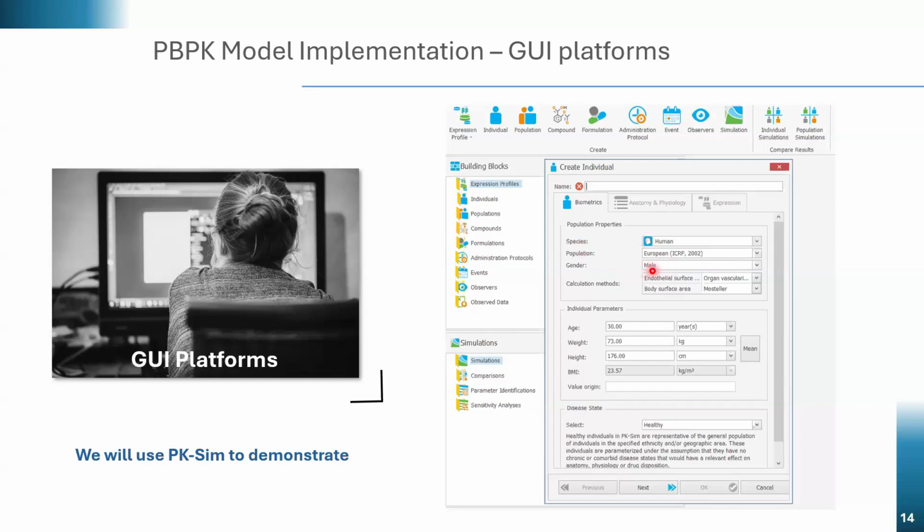If you want to look at a situation where maybe the liver changes, there's a limit to what you can change. That's really the downside of graphical user interfaces. But again, it's a very good place to start if you are interested in PBPK modeling. And definitely, this is used a lot, and people publish using these graphical user interfaces quite often.